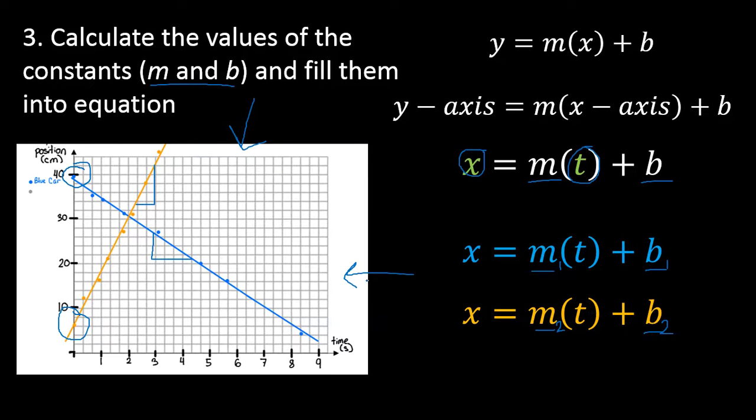If you want a little bit of a challenge, try to determine what the units of the slope and the intercept would be, because those numbers that you calculate actually do have units, because all of the numbers on this graph are either going to have a unit of centimeters or seconds. So you have your instructions, calculate these values yourself and get the practice. You'll end up with two equations, one for the blue car and one for the white car. We'll check our answers in the next video.